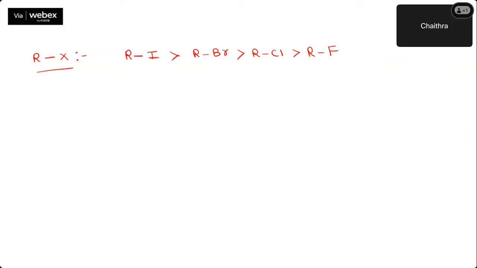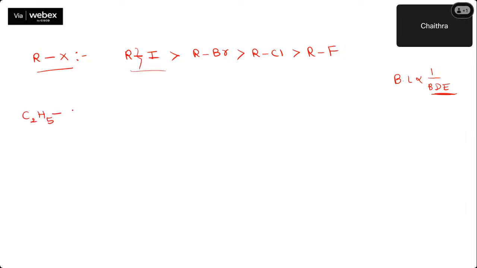Who is bigger here? I is bigger, right? So how are bond length and bond dissociation enthalpy related? They are inversely related, right? Now you tell me where I can cleave the bond very easily. This one, right? Because the size is bigger, the bond length will become bigger. So the bond dissociation enthalpy is lesser. Therefore, this is most reactive. Okay, take an example.